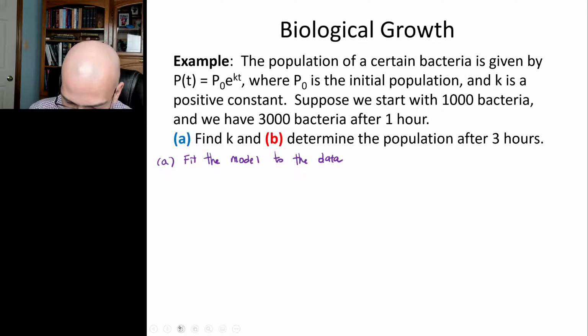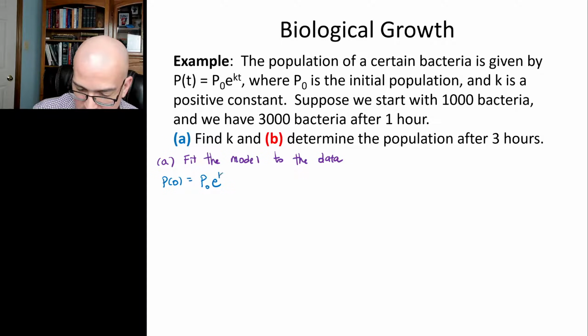So here, how are we going to fit this data? I'll start by looking at the initial population of 1,000. So P at 0 is equal to P sub 0 times e to the k times 0. So 1,000 is equal to P0 times e to the 0, which is P0 times 1.